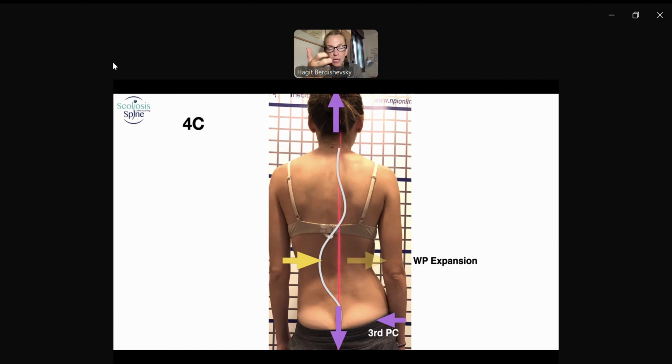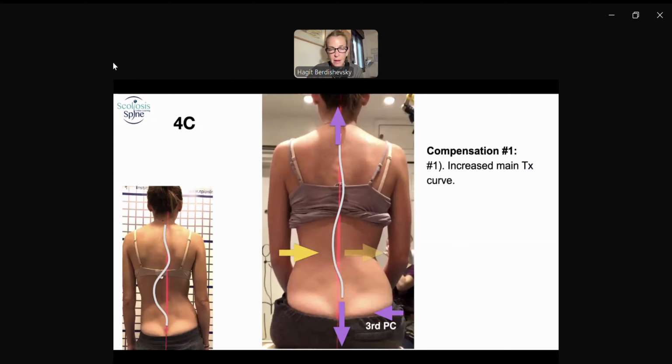So the patient is expanding and expanding, and as the patient expands the lumbar, in many of them I start to see an increase of the thoracic curve to the right.